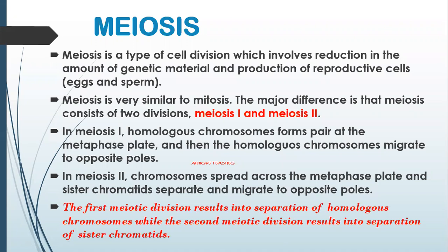So basically, this statement summarizes all that we have talked about. The first meiotic division involves separation of homologous chromosomes. That is the key. If you really understand this, then trust me, meiosis is going to be so easy for you.